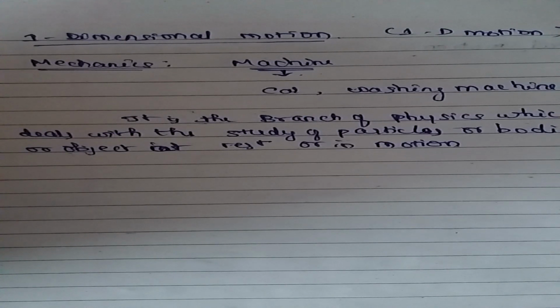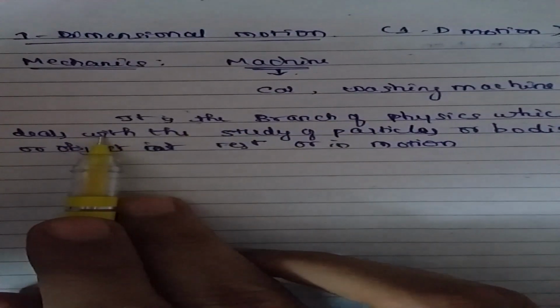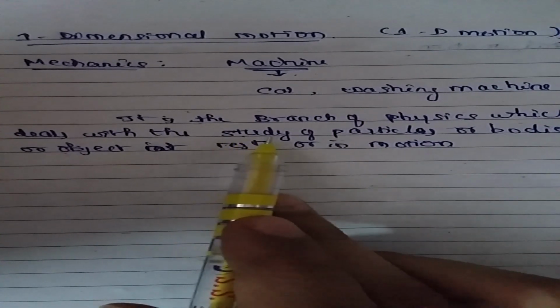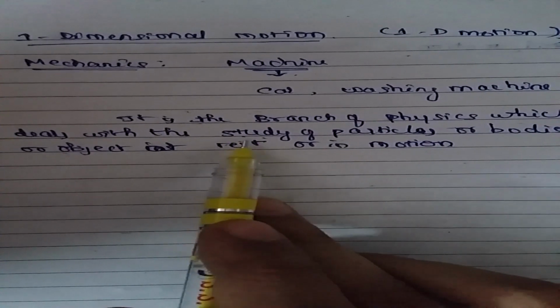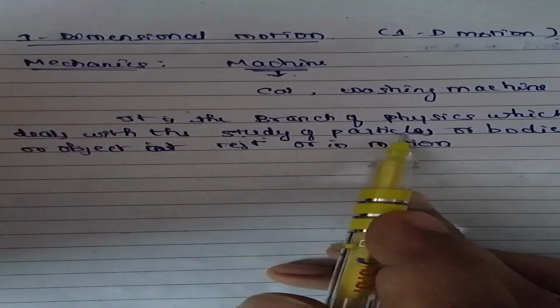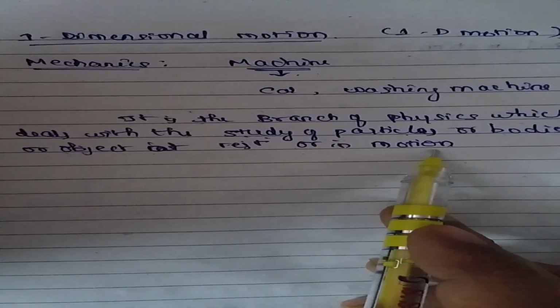Therefore, what is mechanics? Mechanics is a branch of physics which deals with the whole study, meaning it may be the cause and it may be the types of motion. It deals with the study of particles or bodies or objects that are at rest or in motion.